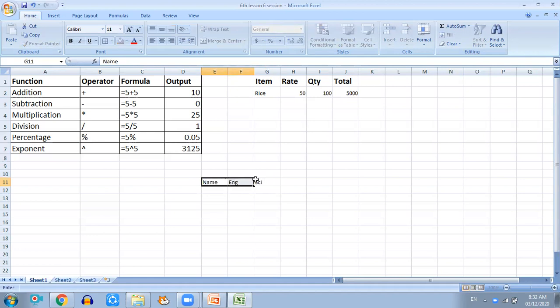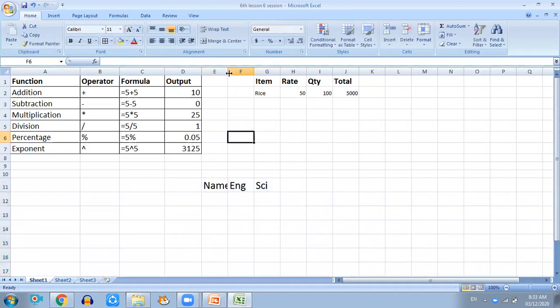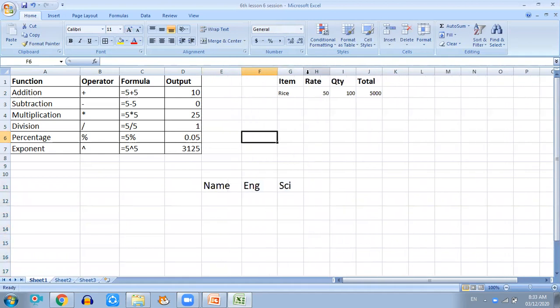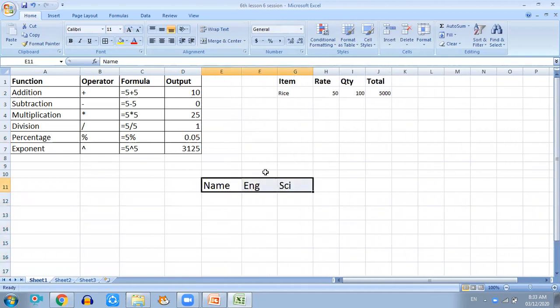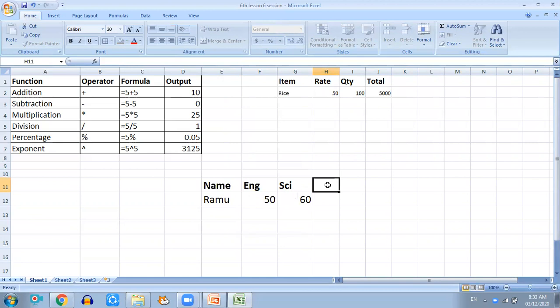I have entered these three details, and I hope it is visible to you all. Let's enter some details: name Ramu, and his English marks are 50 and science marks are 60. This total we want to do, the total of these subject marks. So how can we do it? As we learned, equal to 50 plus 60.